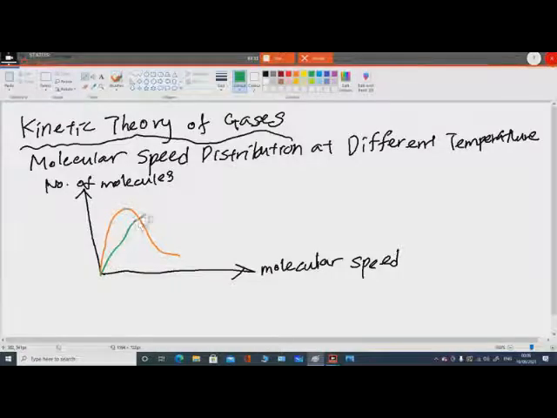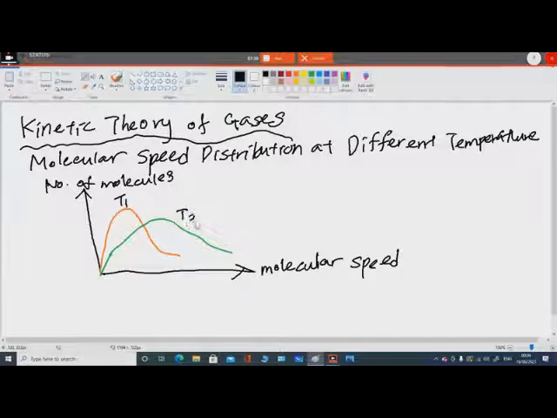Sorry, this curve should be lower. Let's denote this one as T1 and this one as T2.